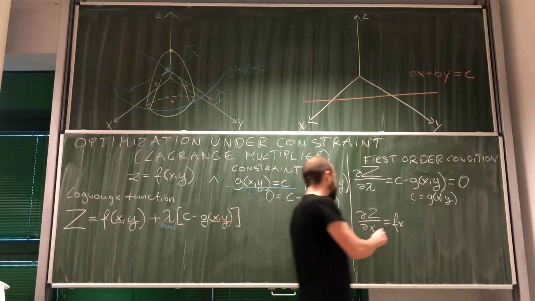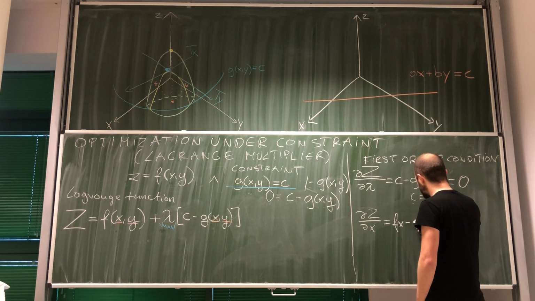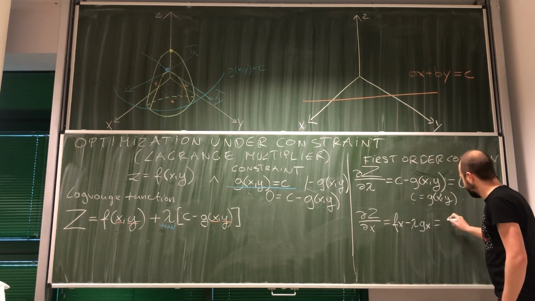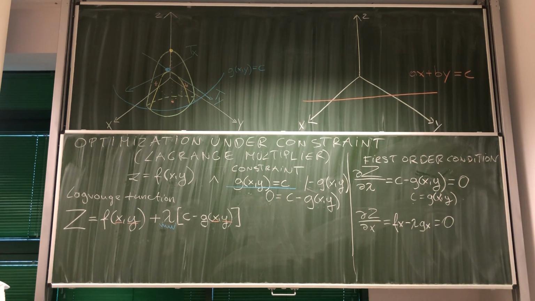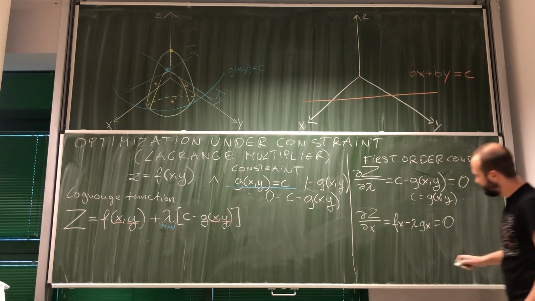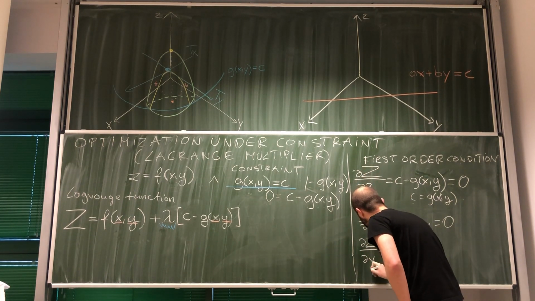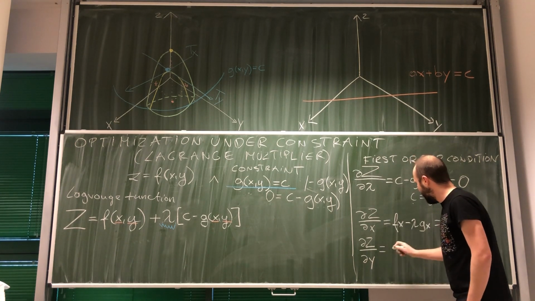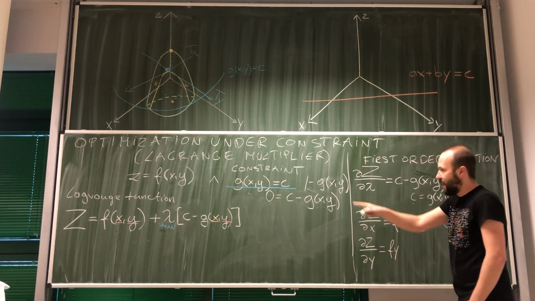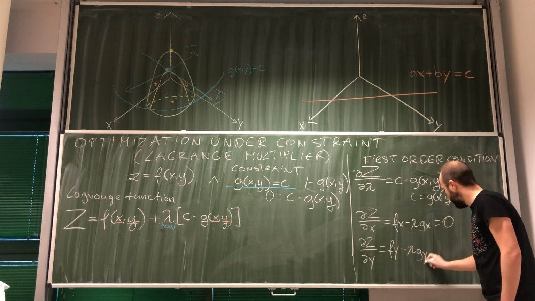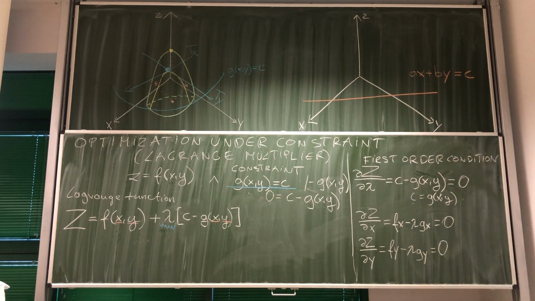So we are getting minus lambda g_x, and this needs to be equal to 0. Then we differentiate with respect to y. So we get now f_y minus lambda g_y equals 0.